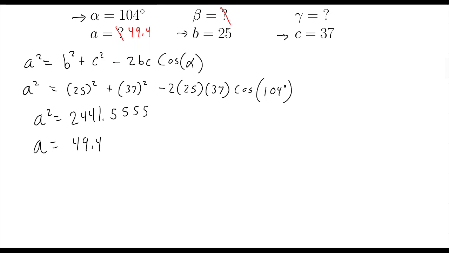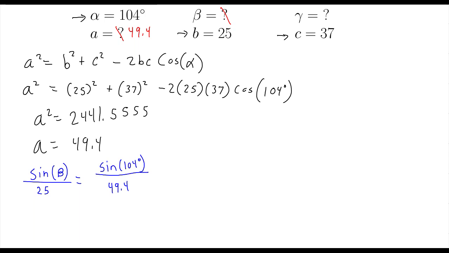So let's use the law of sines. Sine of beta, since I'm looking for beta, over b, which is 25, is equal to sine of alpha, 104, over a, which we just discovered is 49.4.